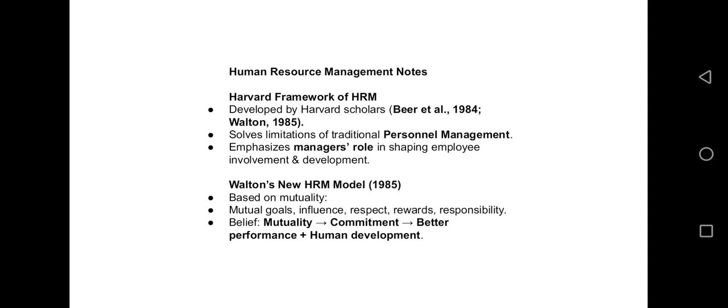Walton's new HRM model 1985 is based on mutuality: mutual goals, influence, respect, rewards, and responsibilities. Belief in mutuality leads to commitment, better performance, plus human development.